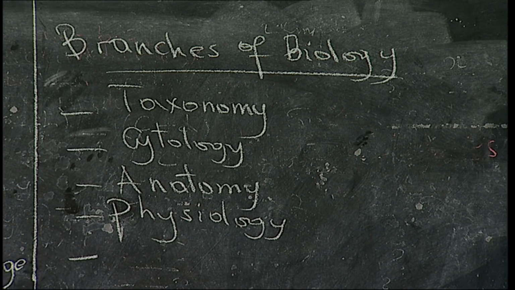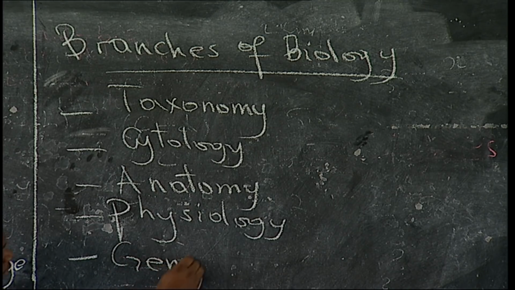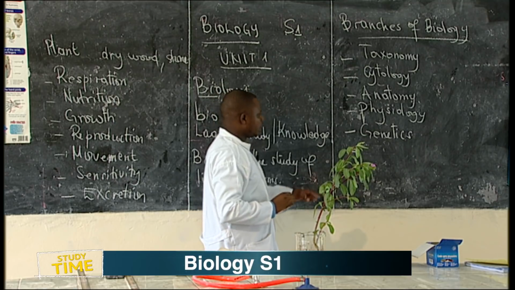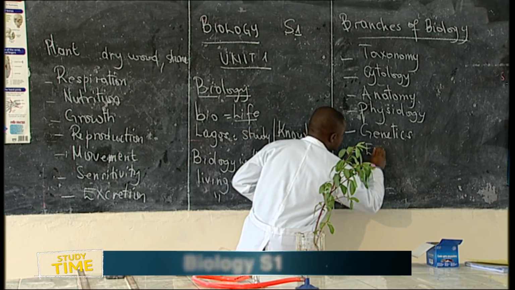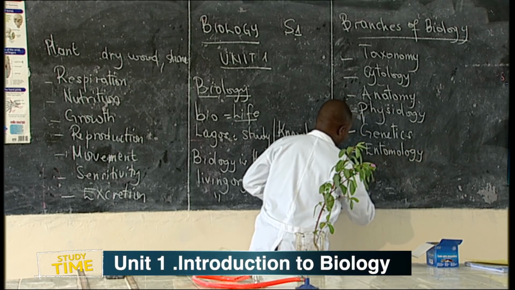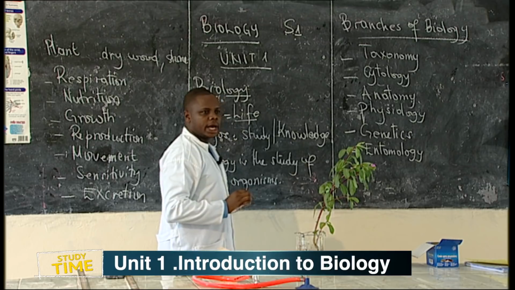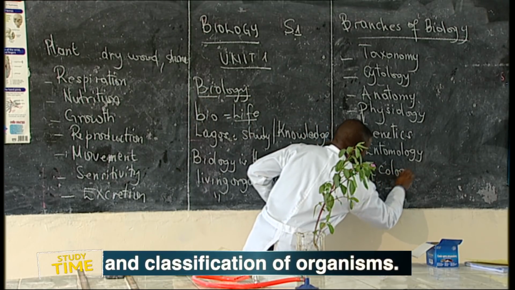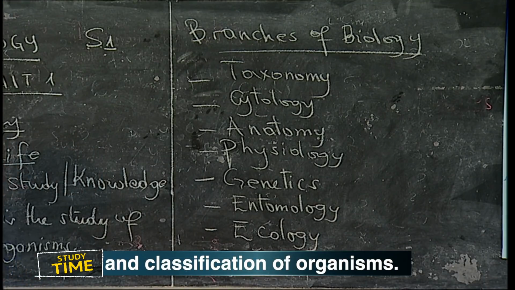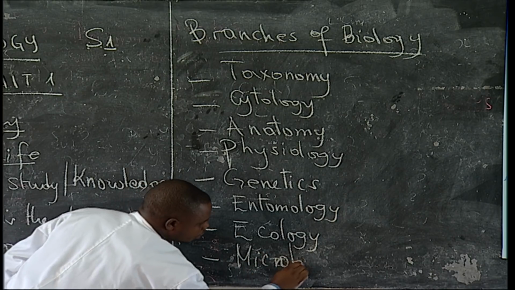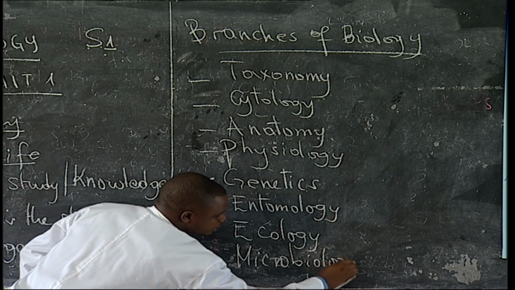Who can give us another branch of biology? We can have genetics. We can also have entomology. We can have ecology. We can have microbiology.